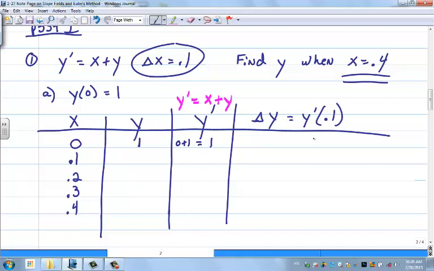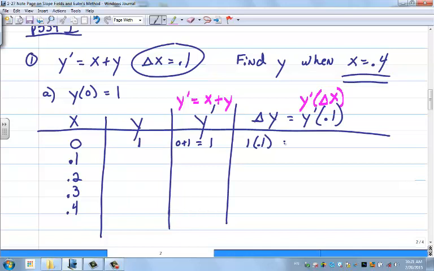And then delta y is y prime times delta x, right? Every single time, delta y will be y prime, whatever you got in the column before, times delta x, which in this particular case is 0.1. So here delta y will equal y prime, which is 1 from the column before, times 0.1.